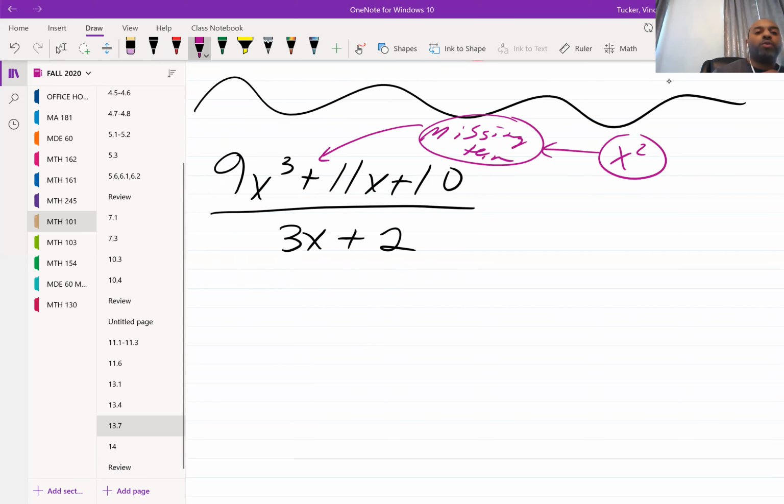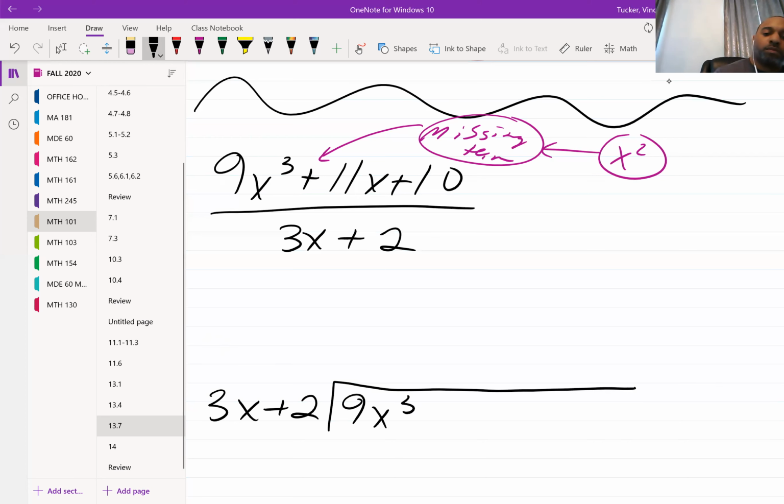So we need a placeholder for the x squared. So we use a placeholder, 0x squared.